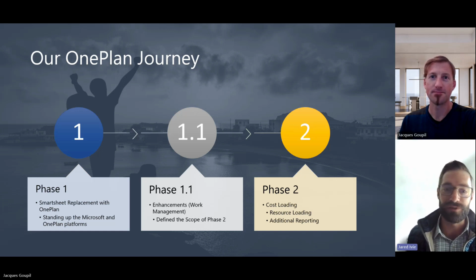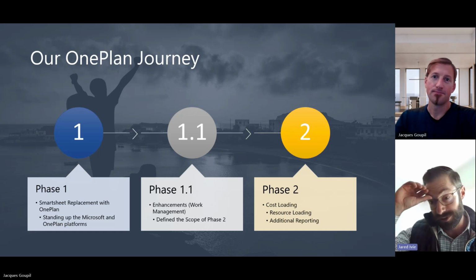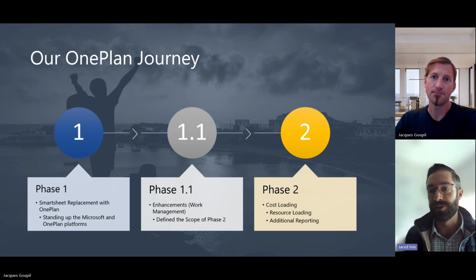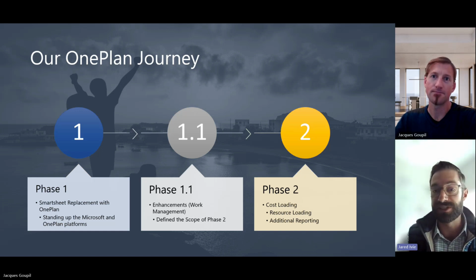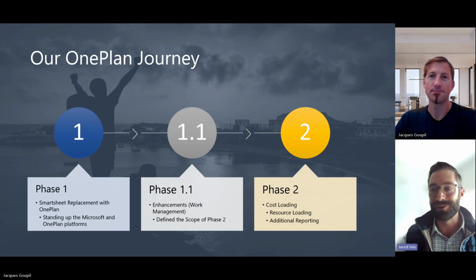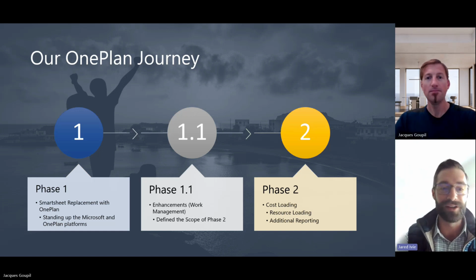But we were looking for this whole business-wide platform solution. So that's when we selected OnePlan, and we started talking about would we be able to configure it to all those different pieces of the business? And I think ultimately we decided it would, right? There were going to be some areas we might be stretching it or it might be a little different, but we'd find ways to work within that.